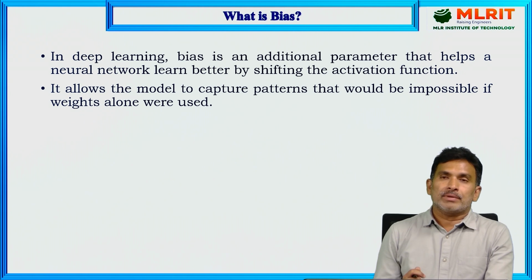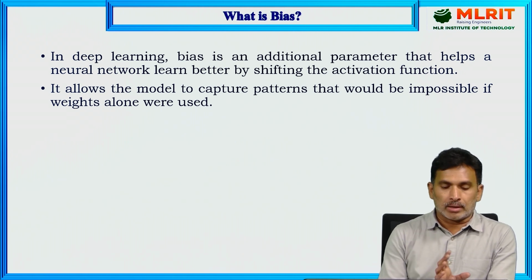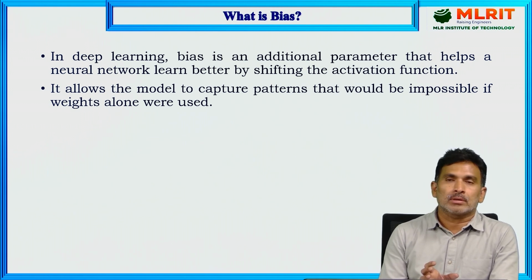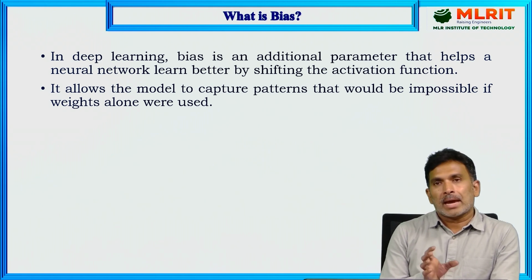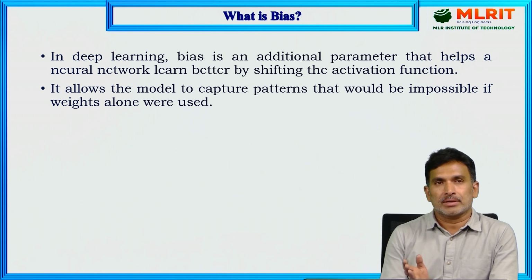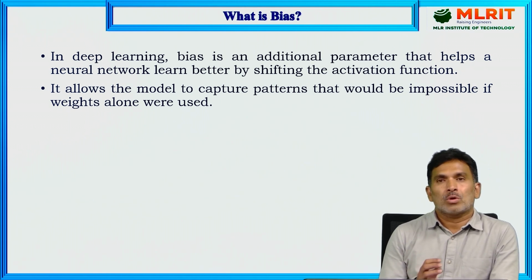And bias we discussed many times. An artificial neuron will do a simple calculation, a weighted sum of all its inputs, and then it adds the bias term, and that will be passed to the activation function, which decides whether it should be activated or not. So what is this bias?